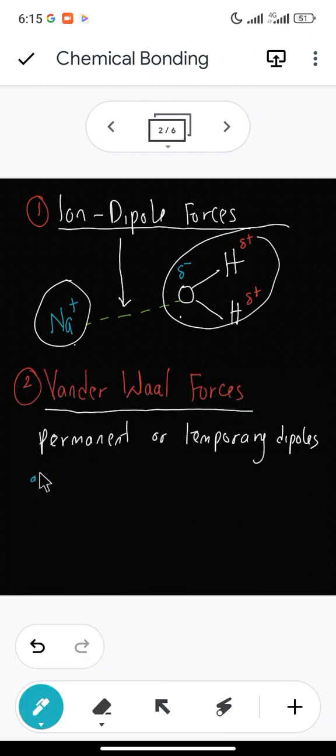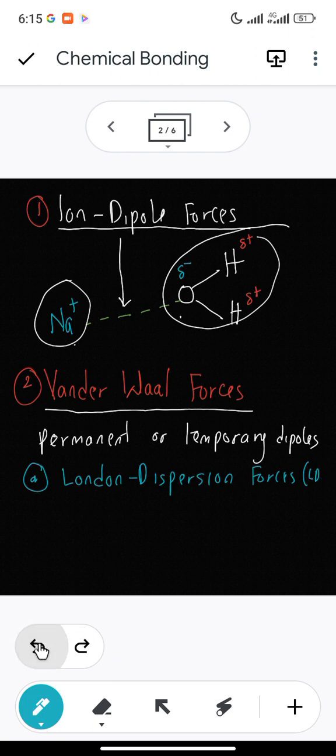The first category is the London dispersion forces, the LDFs.